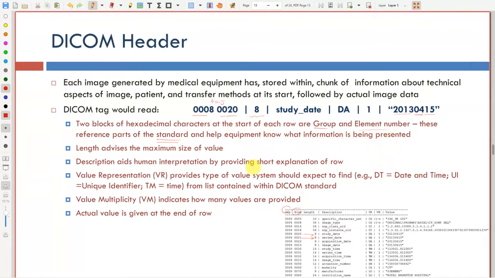So basically, whenever you read the DICOM file, you read the tag, and based on the tag, you know exactly what information to expect at the end, okay? The length here advises the maximum number of characters that you should have here. The description here is basically, it aids human interpretation, but provides short explanation of the row. Basically, it's the name of the row.